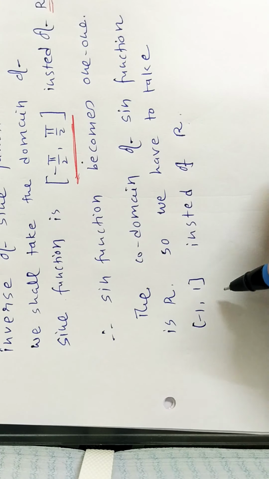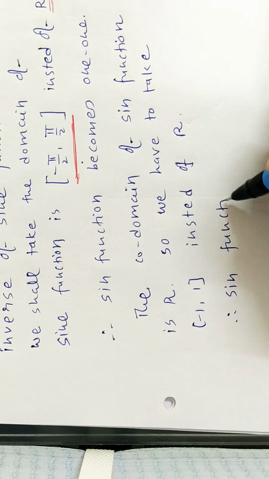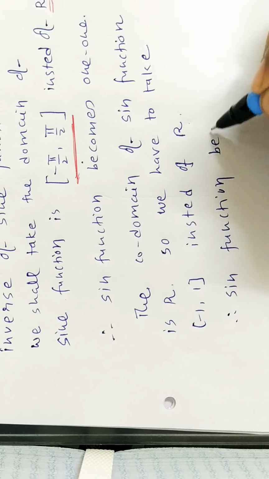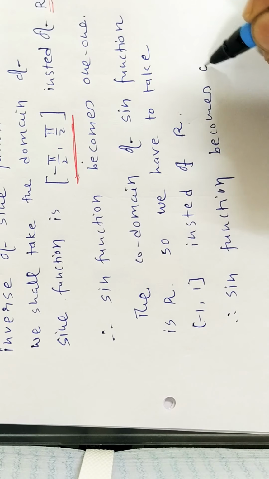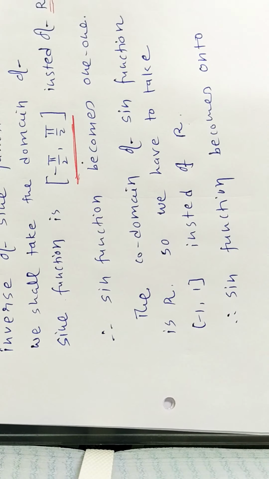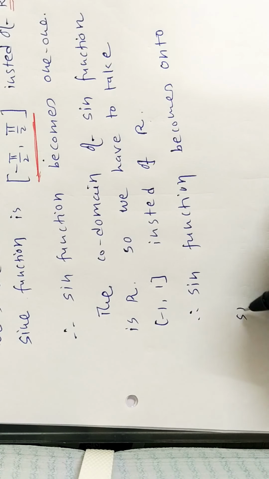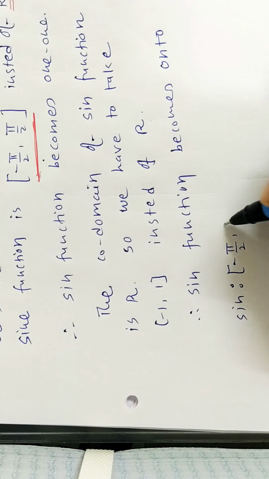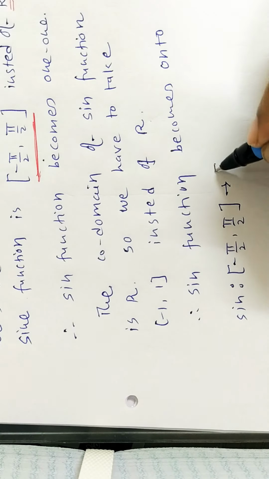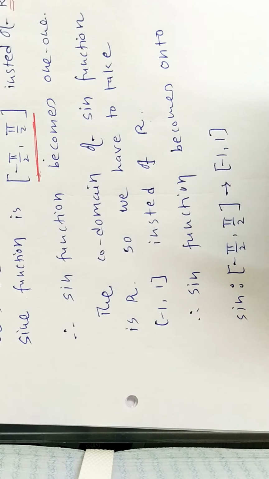So the sine function becomes onto. In this way, the restricted domain is minus pi by 2 to plus pi by 2, and the range of the sine function is minus 1 to plus 1.